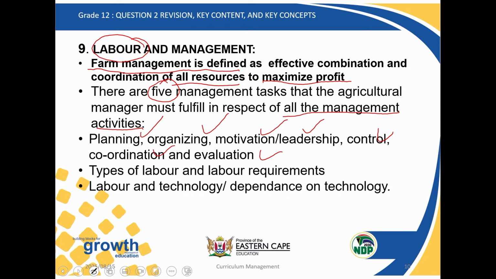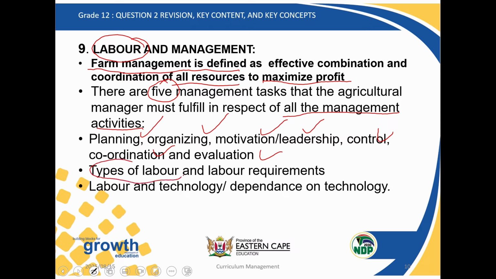For example, let's say your production enterprise is layers. You have to plan when to procure those layers. You have to make sure that the employees are motivated, you provide leadership, you control, you coordinate, and you evaluate whether the productivity is maximized.